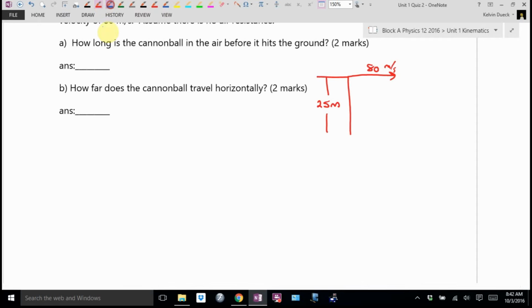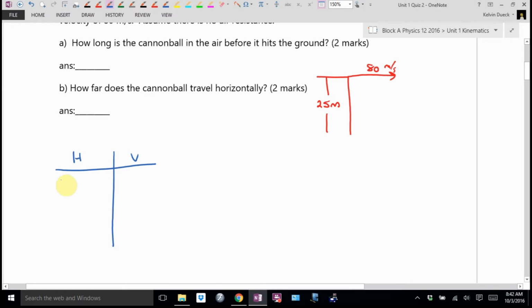I think this is a good time for a t-table, where I know that ax is 0, ay is negative 9.8, vx is 80.